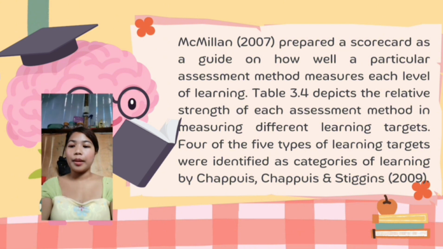2007 prefer a scorecard as a guide on how well a particular assessment method measures each level of learning. Table 3.4 depicts the relative strength of each assessment method in measuring different learning targets. Four of the five types of learning targets were identified categories of learning by Chappuis and Stiggins 2009.